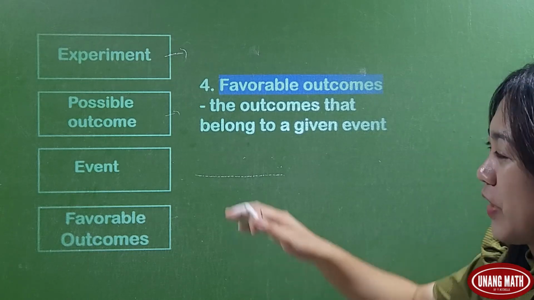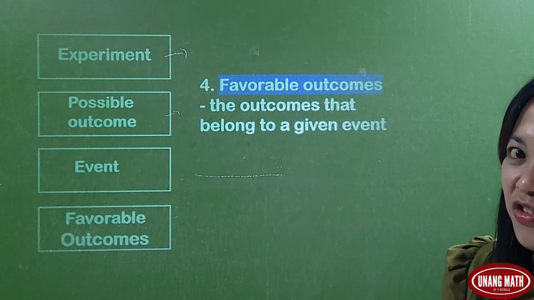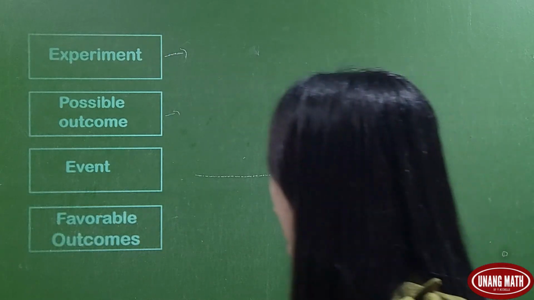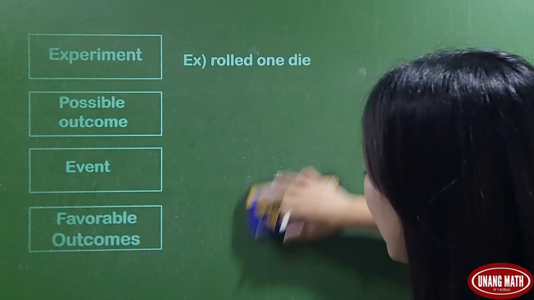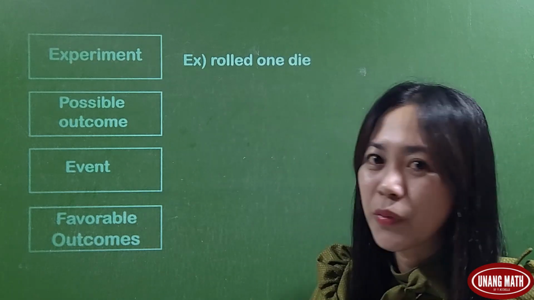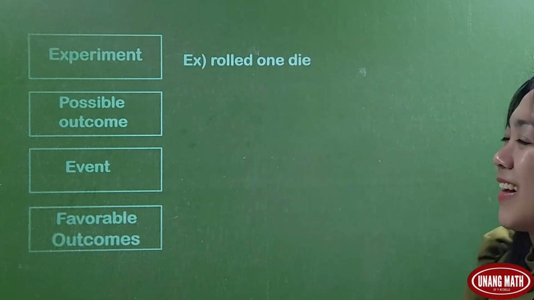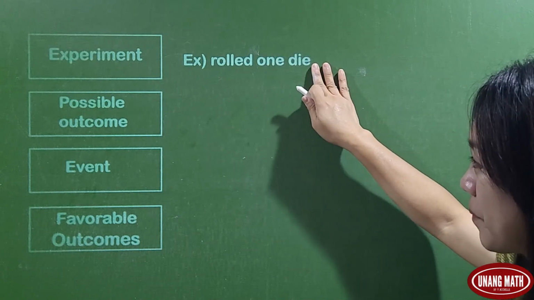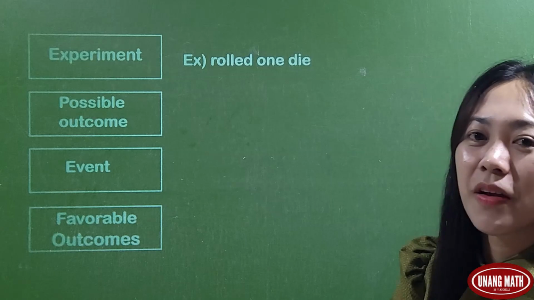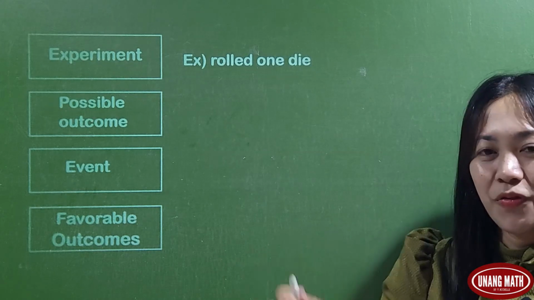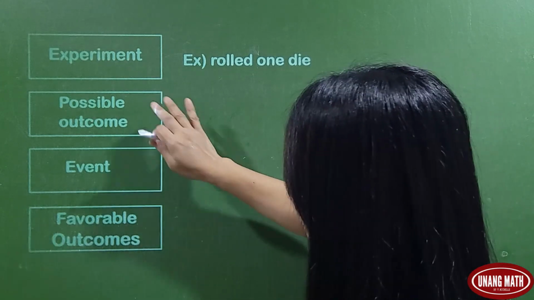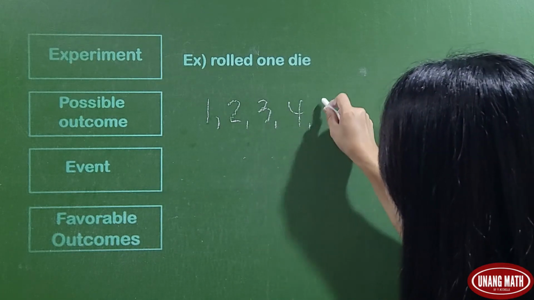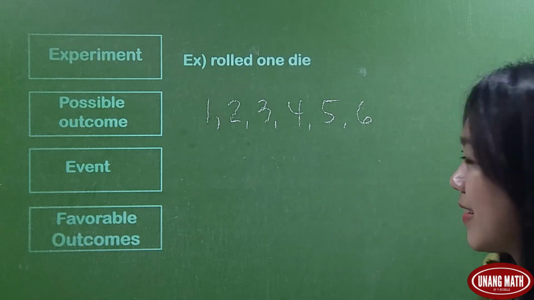For you to understand these procedures better, let's give a specific example. Let's say the experiment is we roll one die. What are the possible outcomes? Since a die has 6 faces, the possible outcomes are 1, 2, 3, 4, 5, and 6.